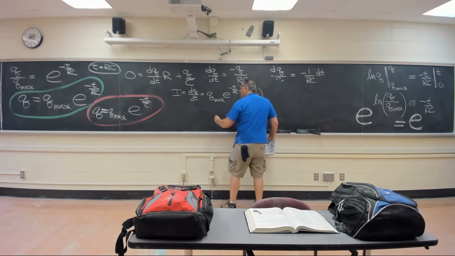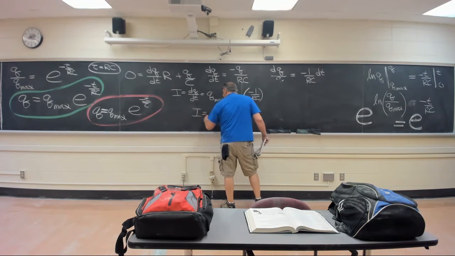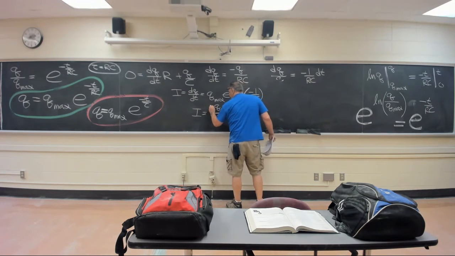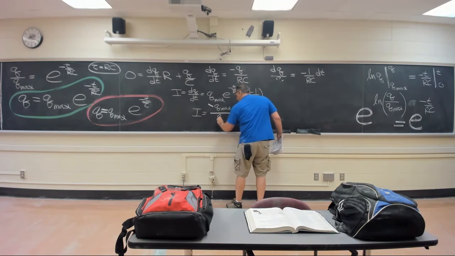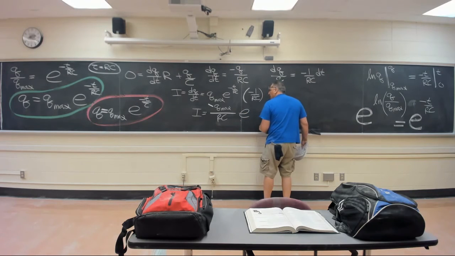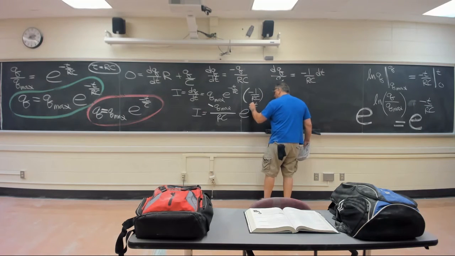Well, what's going on here? I is going to equal Q max times, this could be a negative. Here's R, here's C, and negative T over RC. RC is tau, whatever.